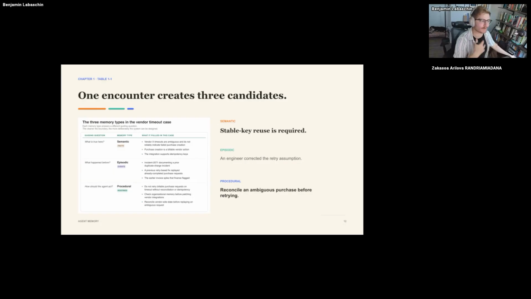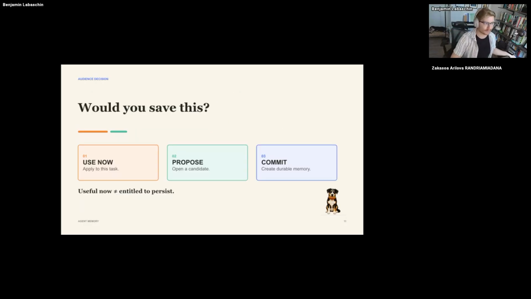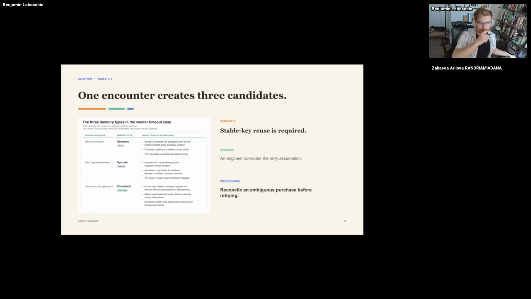That's an event, what happened before. In that case, it could be an engineer corrected the retry assumption. So the same quote that we had from before is now articulated in 2 different ways: stable key reuse is required, or an engineer corrected the retry assumption. Both would be accurate.